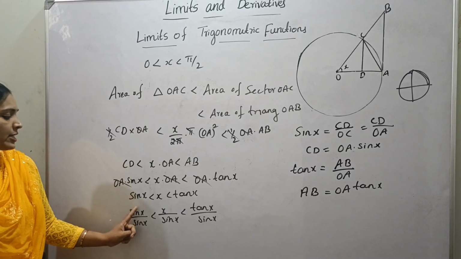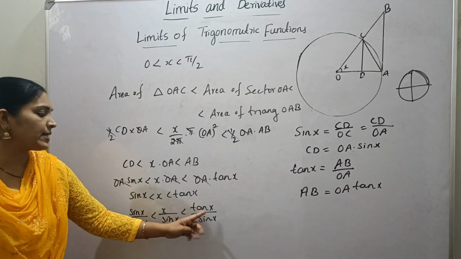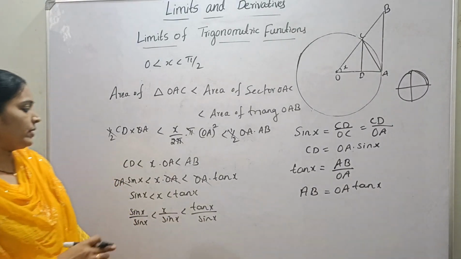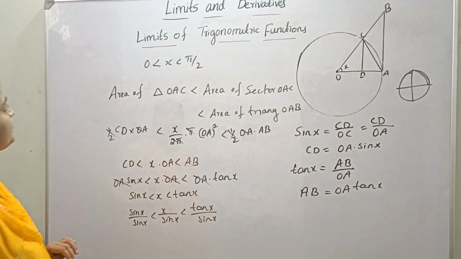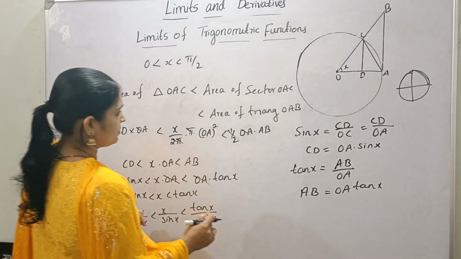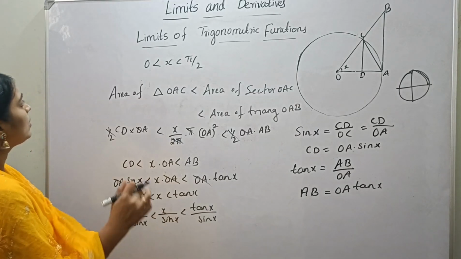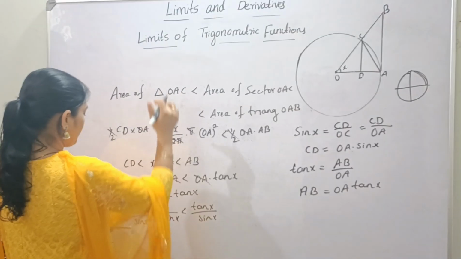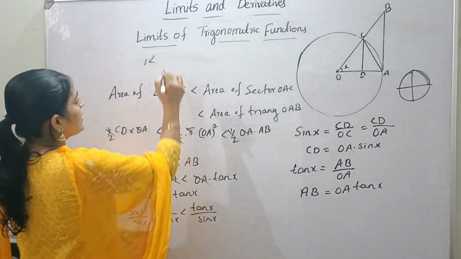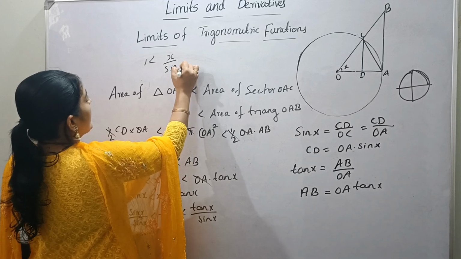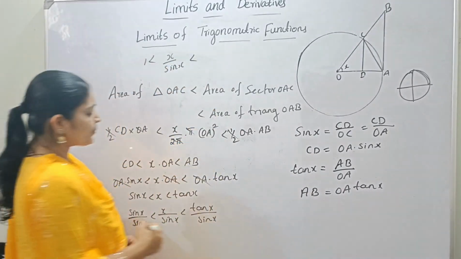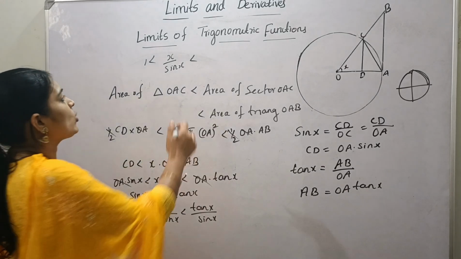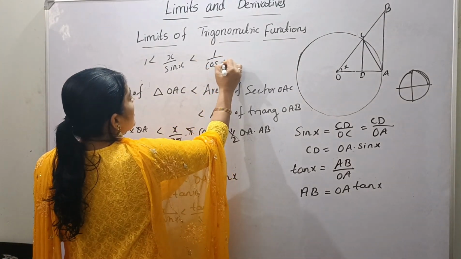The inequality will not change because sin x is positive. So it becomes 1 less than x by sin x less than tan x by sin x. Tan x is sin x by cos x, so sin x will cancel. So 1 by cos x.